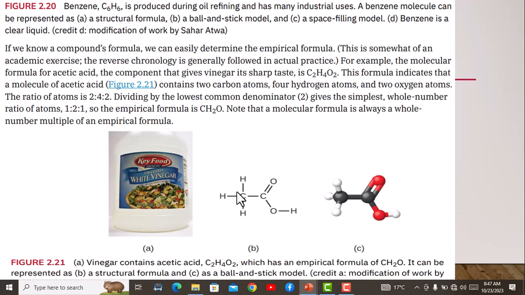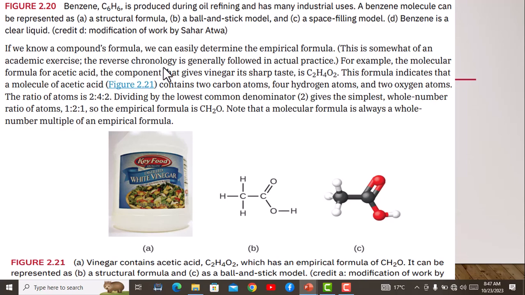Let me just look at what this molecule is. It's vinegar. We have vinegar here.